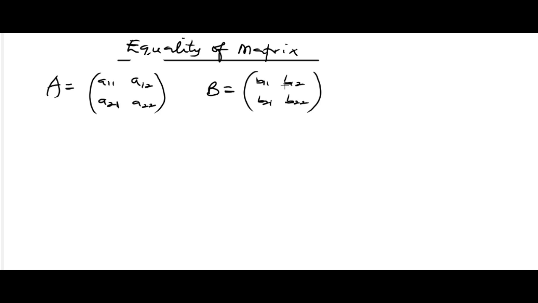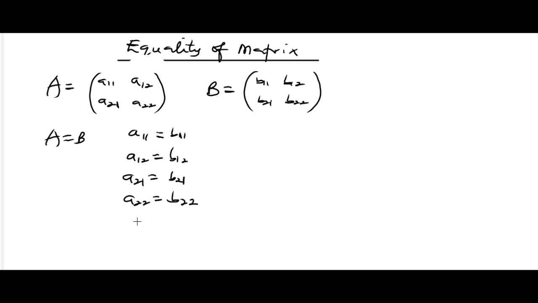Matrix A is a 2 by 2, matrix B is a 2 by 2. So the first condition has been satisfied. So for A to be equal to B, their corresponding elements must also be equal. So A11 must be equal to B11, A12 must be equal to B12, A21 must be equal to B21, and A22 must be equal to B22.